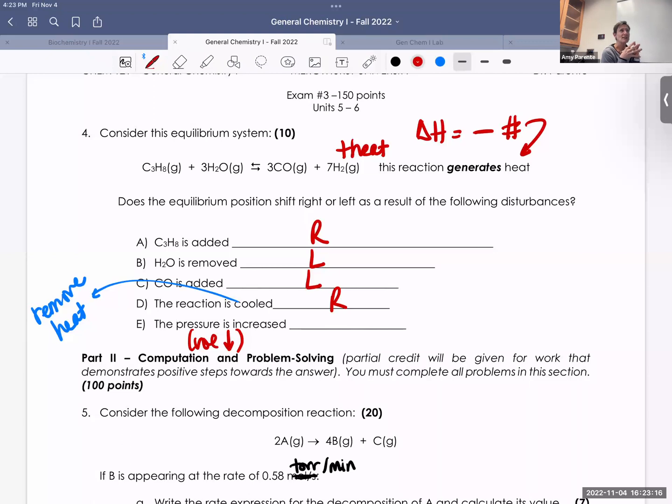So we need to find the side of the equilibrium that has the fewest number of gas molecules. Do you see how many gas molecules are on the left? 4. And how many are on the right? Right, we have to make sure we look at phases. Because there are fewer gas molecules on the left side and we've made our space smaller, that's where our equilibrium wants to live. So we are going to shift to the left.